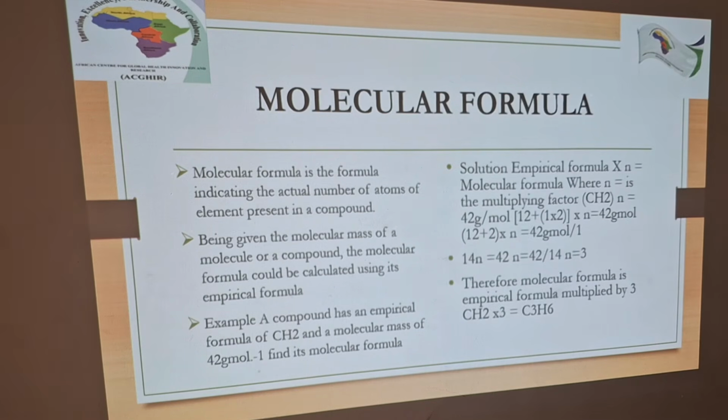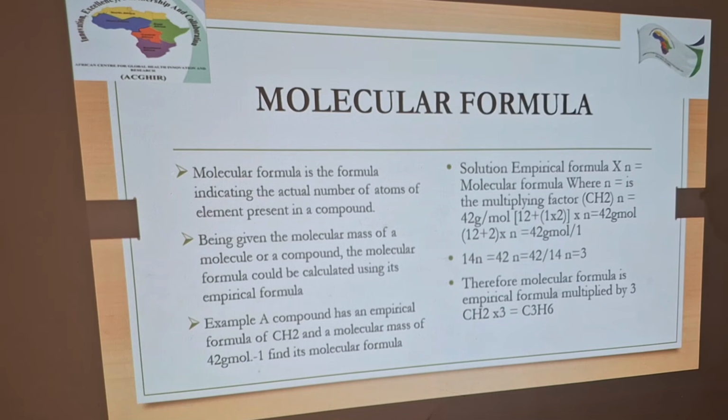We now also have what is called the molecular formula, which indicates the actual number of atoms present in a compound. Remember, we said the empirical formula represents a simple whole number ratio of the atoms which are present in a compound or a molecule.